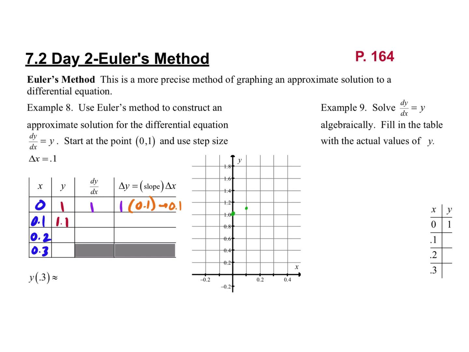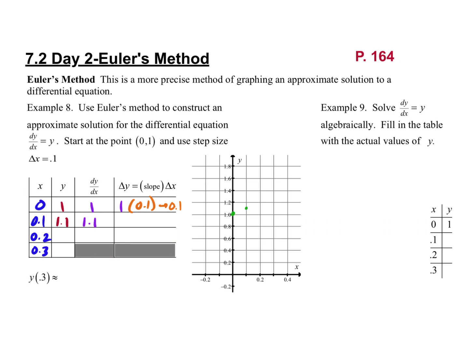Okay, so we're starting to develop our solution curve. So 0.1, 1.1. Now, because we're so zoomed out with this graph, it's not going to look curvy. All right, so now it's an iterative process. We just keep going through the same thing. So dy over dx is y, so this ends up being 1.1.